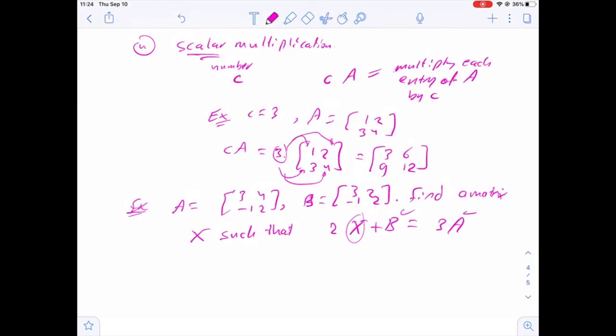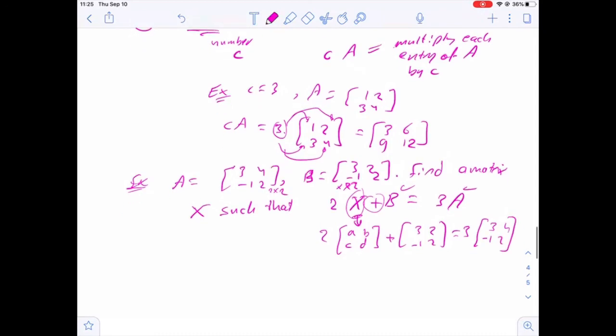Let's just substitute values. What is the size of A and B? It's 2 by 2. That means X will be 2 by 2 because we add it to B, and that can happen only if they have the same size. Addition requires the same size. So let's call the elements of X a, b, c, d. So 2 times X, plus B, which is 3, 2, negative 1, 2, equals 3 times A, where A is 3, 4, negative 1, 2.